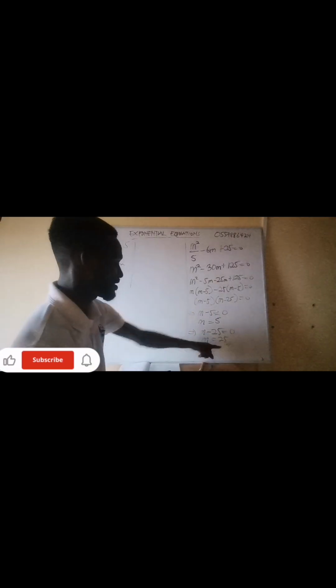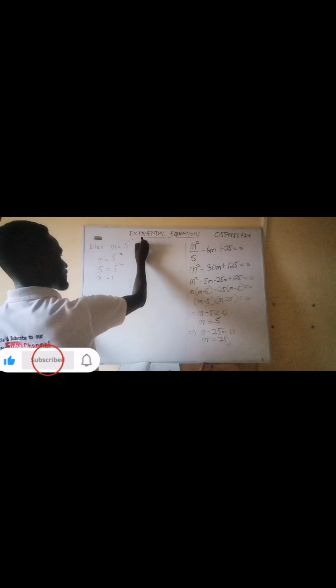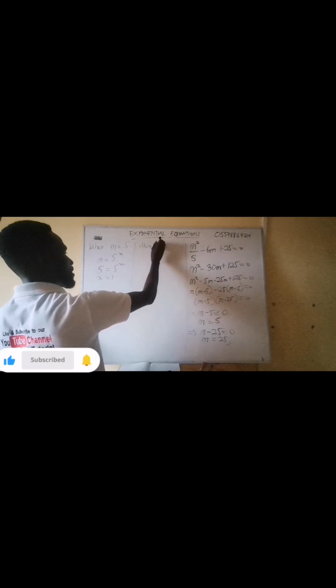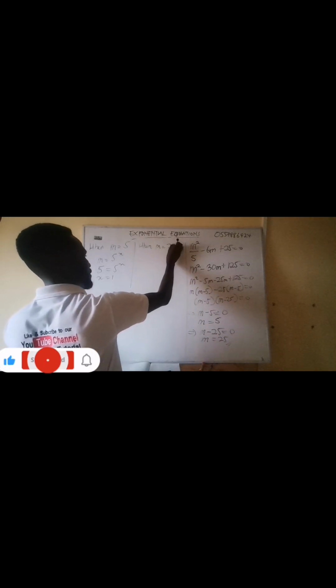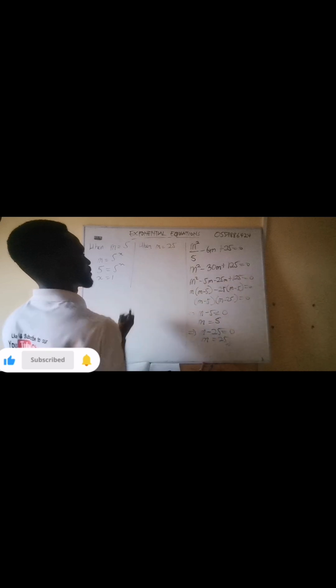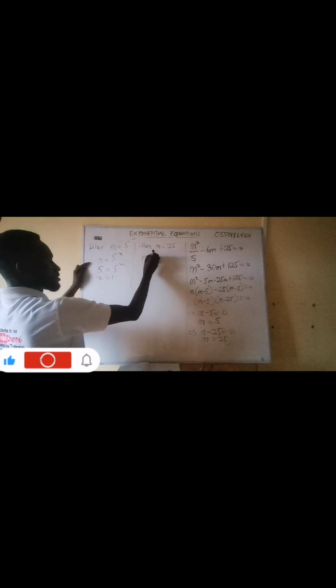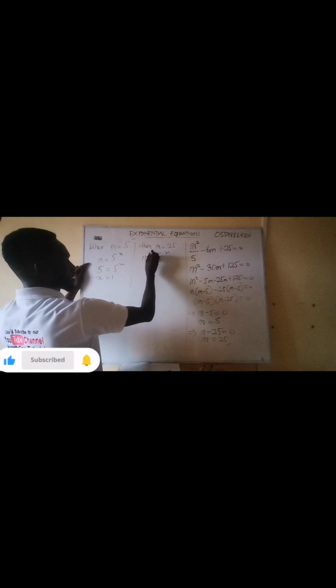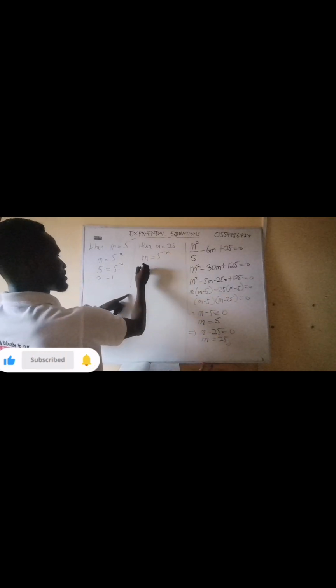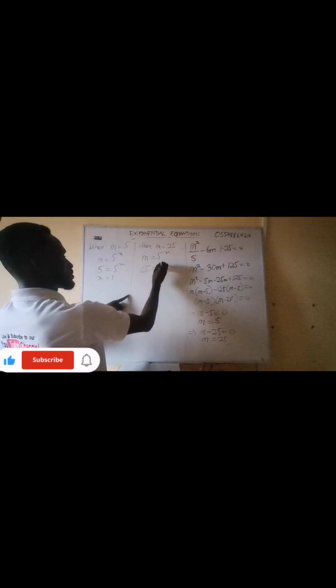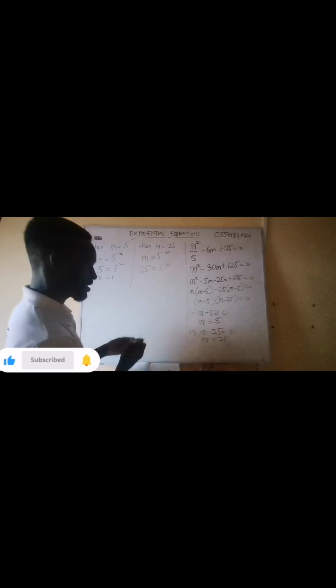Now the next one is when m is 25. Now when m is equal to 25, then you know that m is equal to 5 exponent x, right? Now the m is now 25, so we have 25 is equal to 5 exponent x.